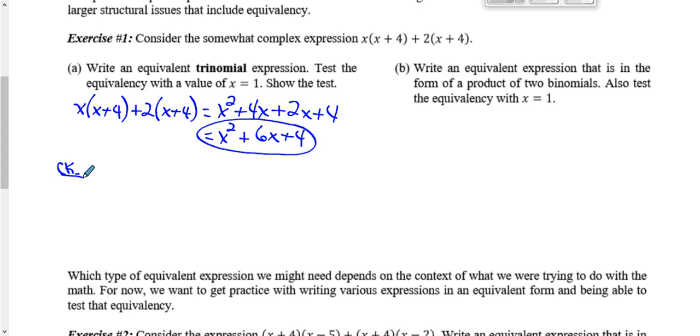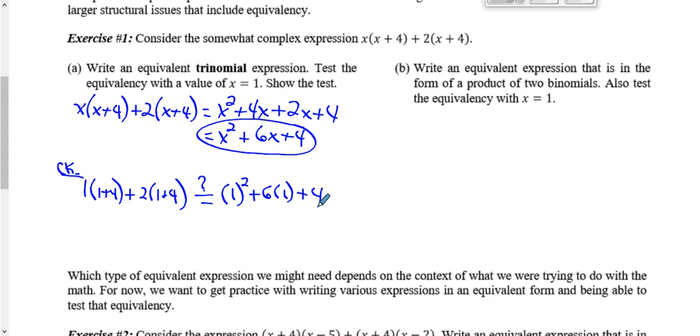So it'll be 1 times 1 plus 4 plus 2 times 1 plus 4, and I'm going to do equals with a question mark, because I don't know right now if they're going to be equal. Now I'm going to put my 1 in here: 1 squared plus 6 times 1 plus 4. Just plug 1 into both things.